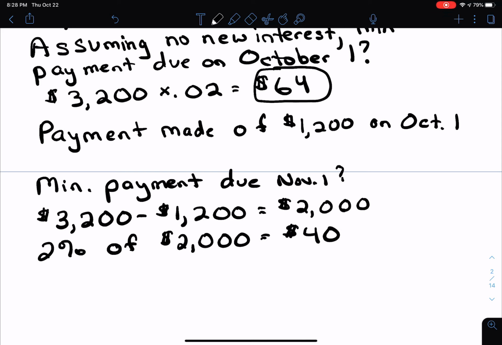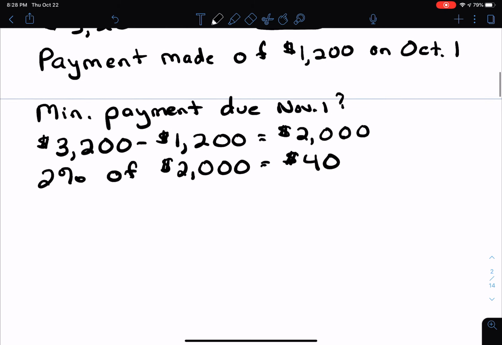But that's not all. Like the previous month, that's all we had to do because we didn't have any interest accruing. But now there's interest accruing during the month of October, so we have to add that in. The interest is really just simple interest, but you have to make sure the rate and time are consistent with each other. So you're doing PRT.